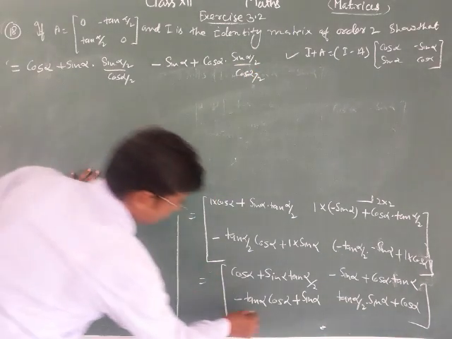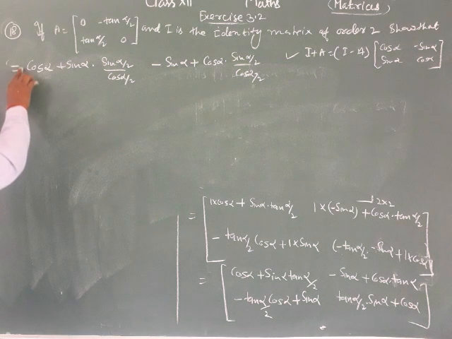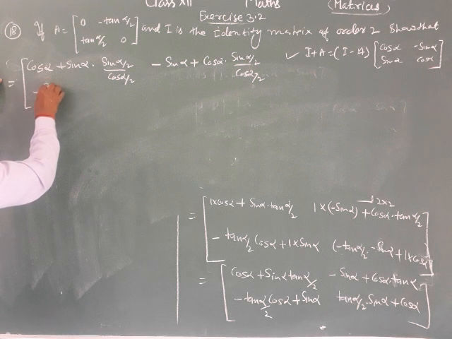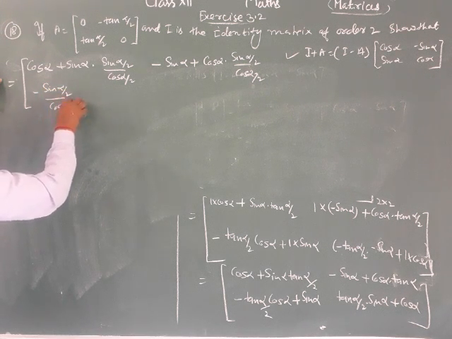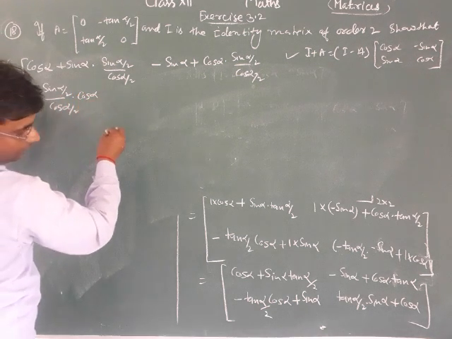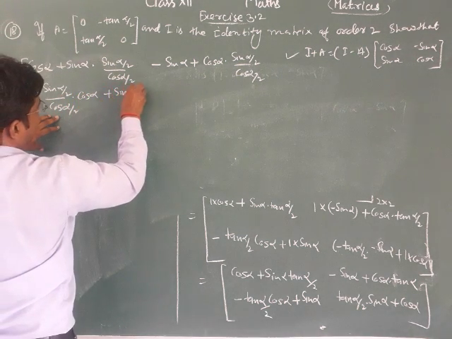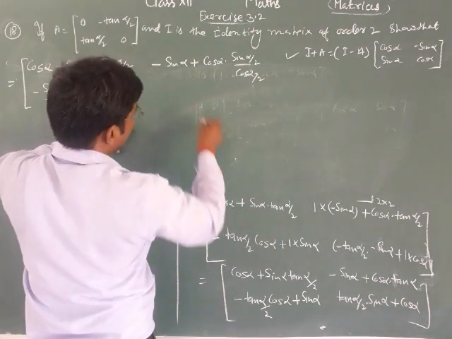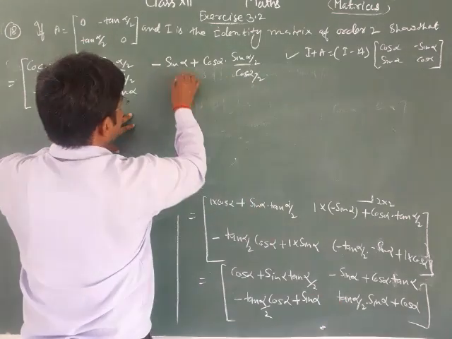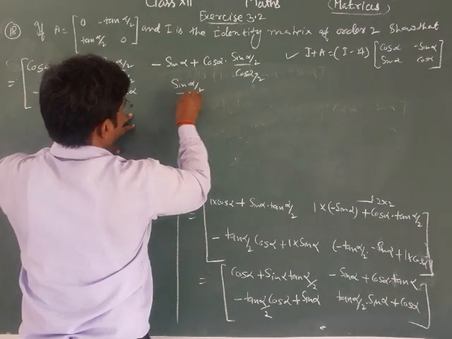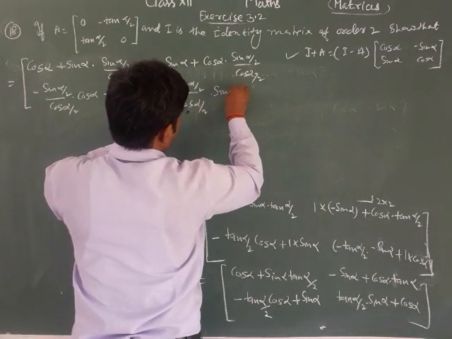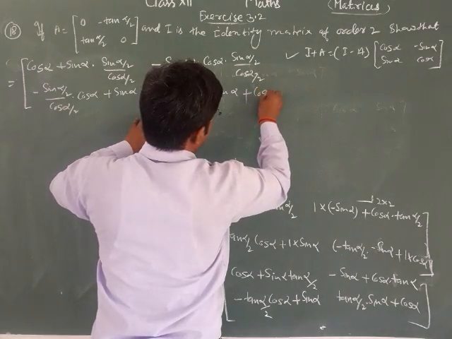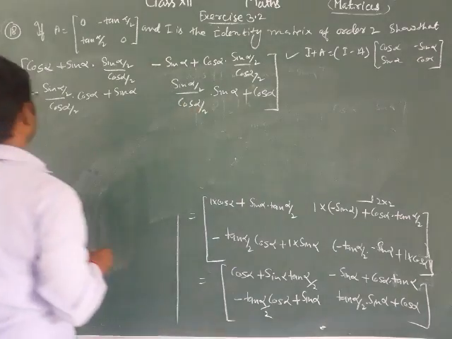Also this is tan alpha by 2, so minus sin alpha by 2 upon cos alpha by 2 into cos alpha plus sin alpha. So also we can write sin alpha by 2 upon cos alpha by 2 and sin alpha plus cos alpha. So this is the matrix.